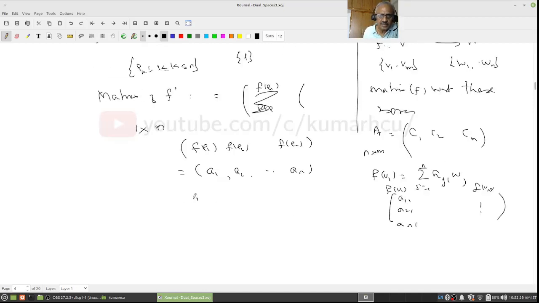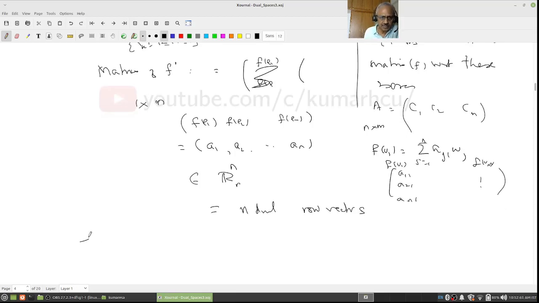Thus, I can think of this as an element of Rn row, where Rn row is the n dimensional row vector space. Therefore, any f from Rn column vectors to R is identified with the row vector f of e1, ..., f of en.